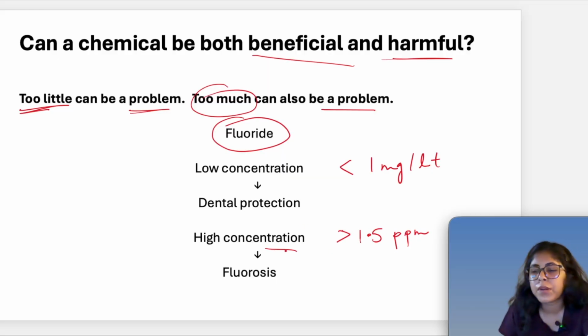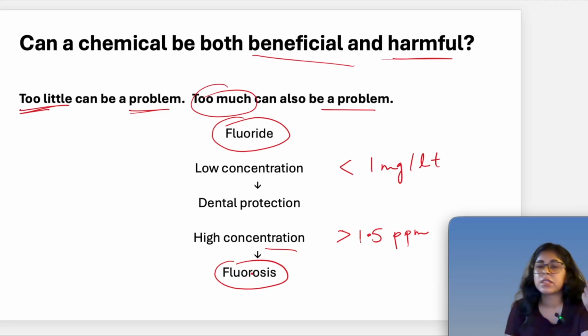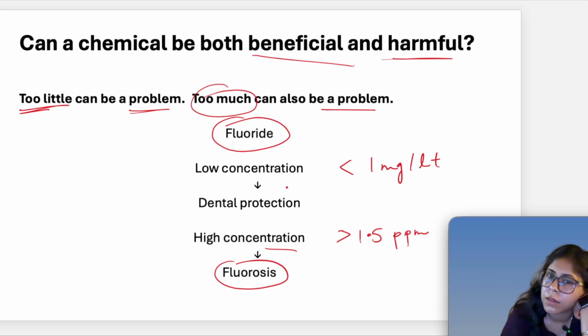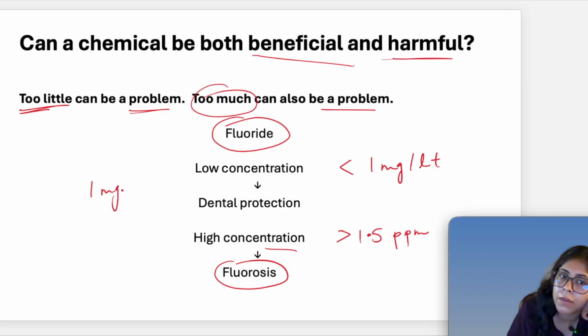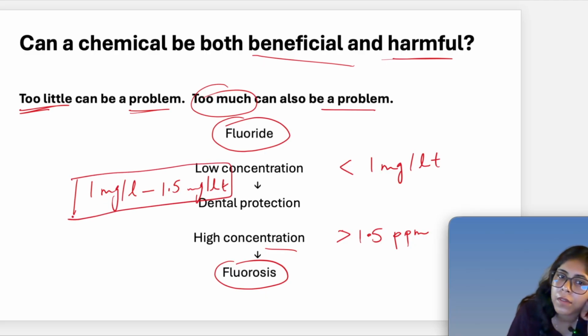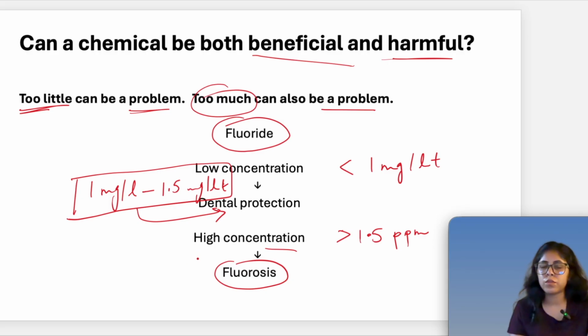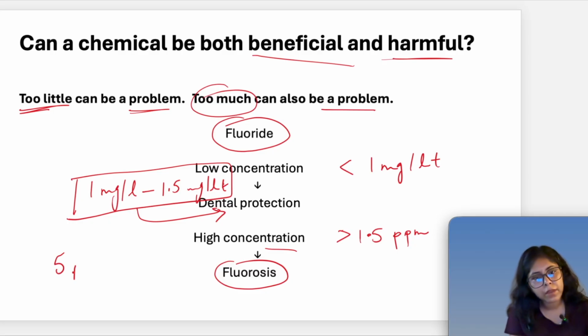If it is more, then it will create fluorosis. Fluorosis is the discoloration, and it will make the dental bones weak. So this is called fluorosis. The range between 1 milligram per liter to 1.5 milligram per liter gives dental protection, so our teeth will be good there. And there is one more concentration, which is 5 ppm.